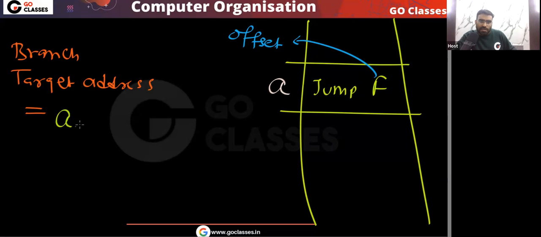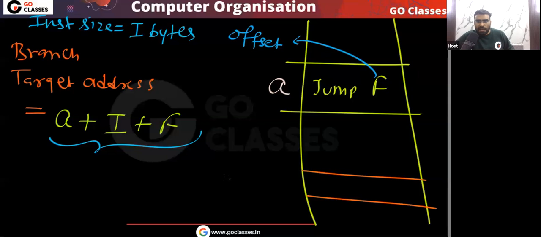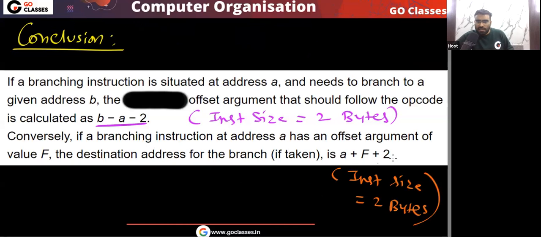The branch target address will be A plus I plus F, where the instruction size is I bytes. Is this clear? That is your answer. Okay, let's move on.